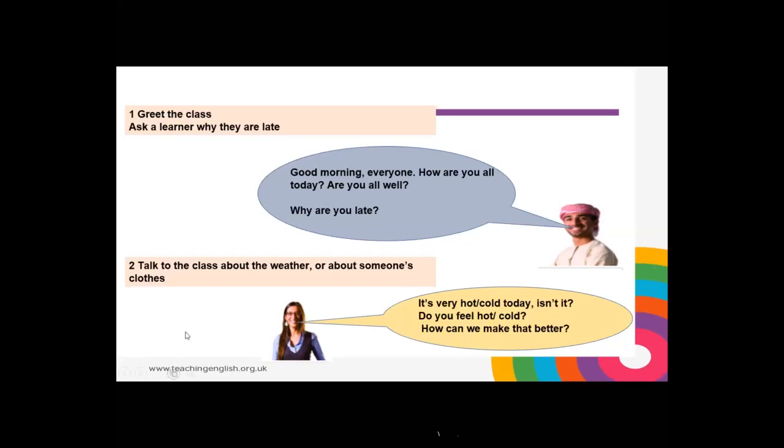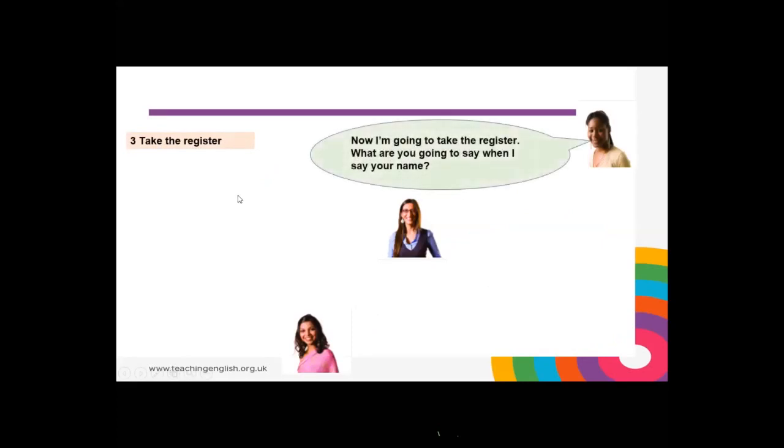Okay, so let's move to another conversation. When this teacher is taking the register, she's going to say, "Now I'm going to take the register. What are you going to say when I say your name?" So, do you find any rising intonation here?